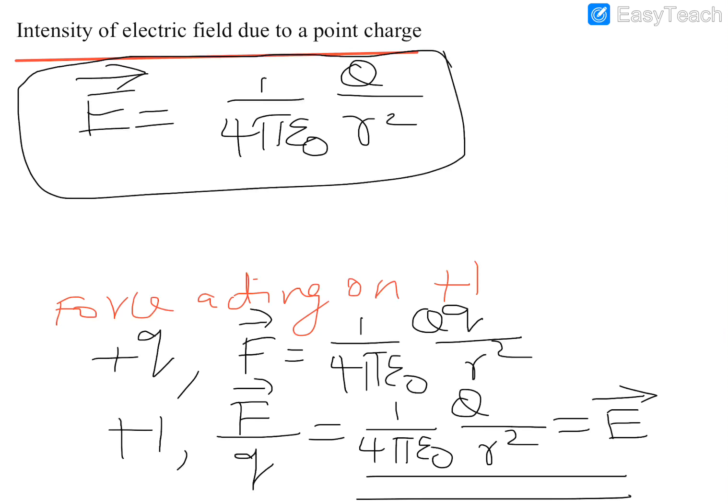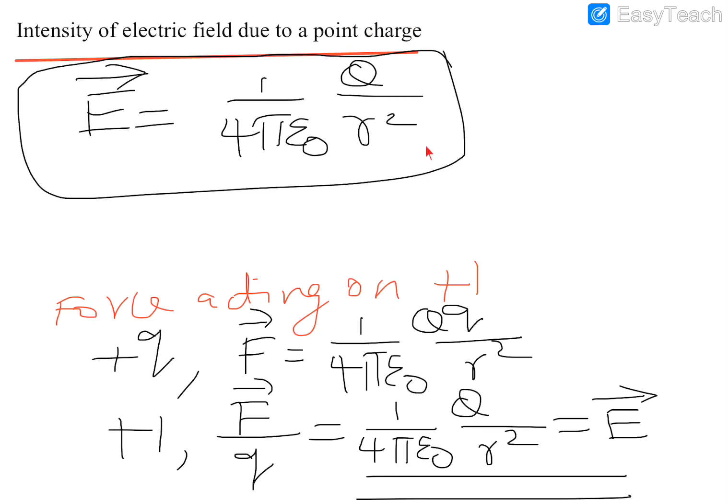From the equation you can see that the test charge is not coming in the equation. In the given equation you can see there is no small letter q term. Only the charge which you placed, capital Q, and the distance to the point are there in the equation.